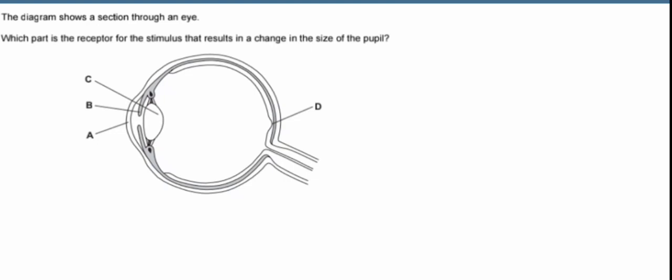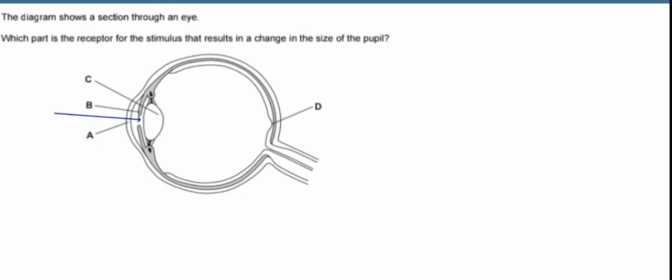So the next question is saying, the diagram shows a section through an eye. Which part is the receptor for the stimulus that results in a change in the size of the pupil? So the pupil is just the space that we can see here.